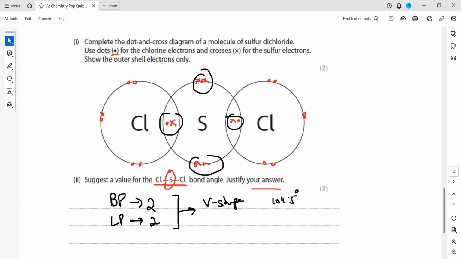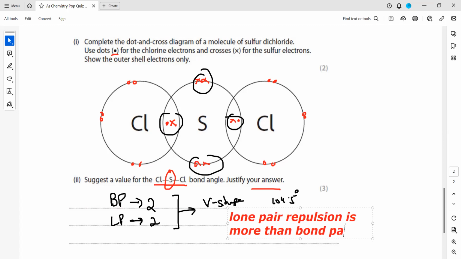So in the answer, we mention why it has this structure: it has 2 bond pairs, as we already mentioned, and 2 lone pairs, and the lone pair repulsion is more than the bond pair repulsion.